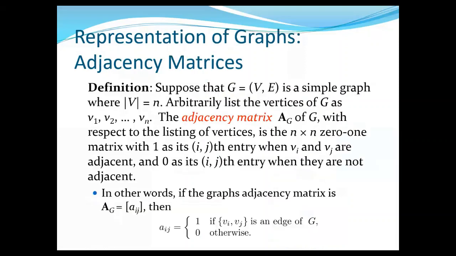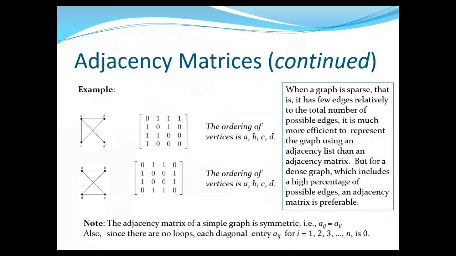Another way of representing our graph is using an adjacency matrix. It defines the connections of our vertices using a matrix. We write 0 if there is no connection, 1 if there is a connection. For example, we have this graph.